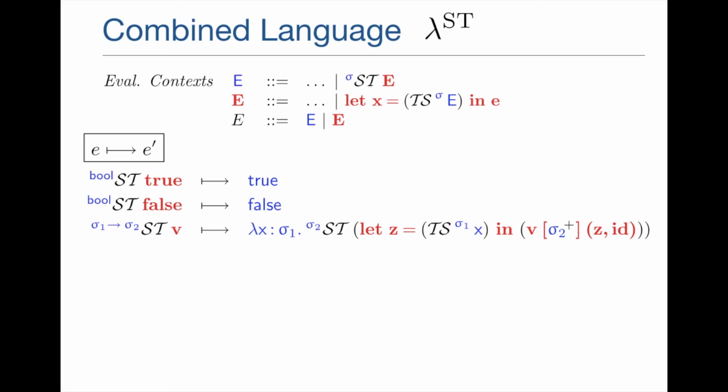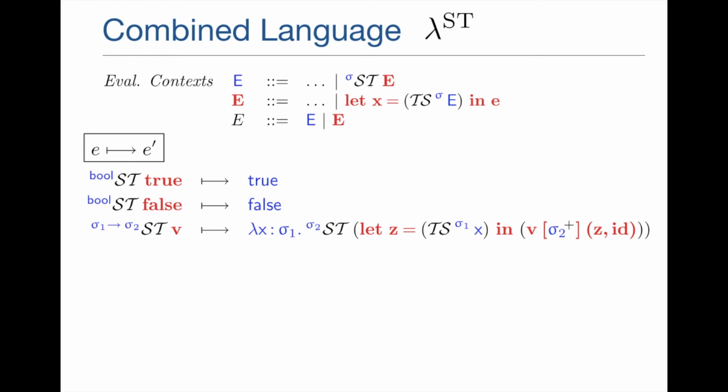And there's a target expression where we say let Z equal an X term in the source language that we say has type sigma 1, which is really just the argument to the function. And then in this expression we pass Z, which is the X, to the function V, which is the original expression.